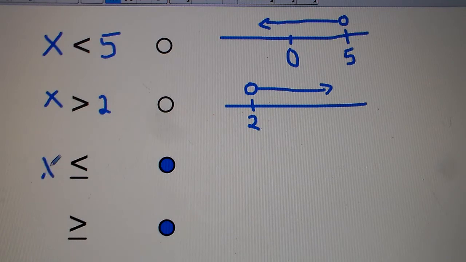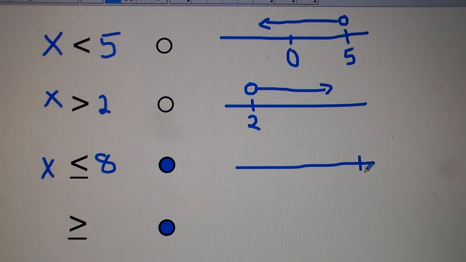If we had less than or equal to 8, we know it's a closed circle because it has the equal to. So we put a closed circle at 8, and since it's x is less than or equal to, it's closed circle to the left.